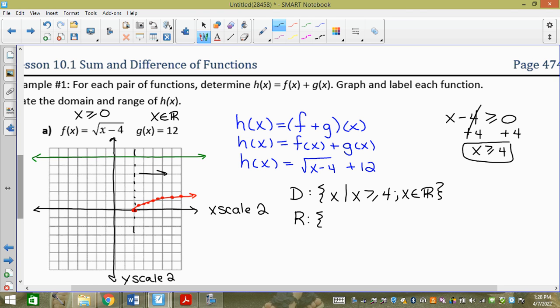After your basic window, why aren't you seeing it? Because the graph is normally at 0, 0, but it's actually been moved 4 to the right and 12 up, and it's still up and to the right, correct? So what's my range going to be? Greater than or equal to 12. Yeah.